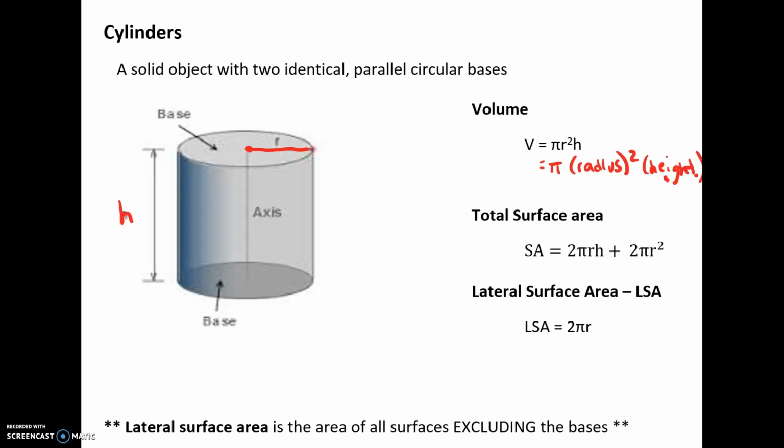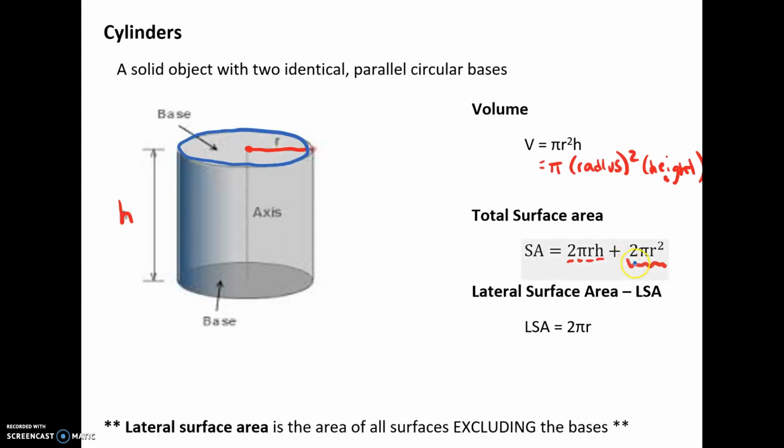The surface area is calculated using 2 times pi times the radius times the height plus 2 times pi times the radius squared. The 2 pi r squared formula should be familiar to you from the previous work that you've done with area. That's because it's the area of a circle.